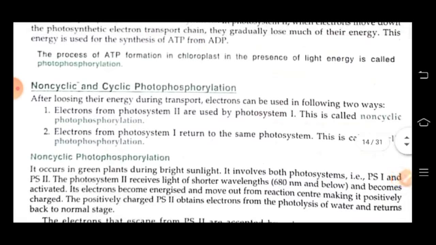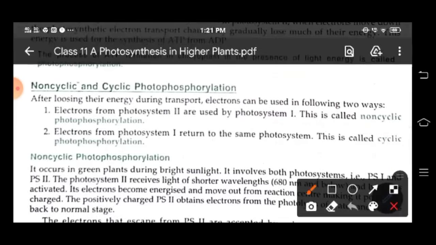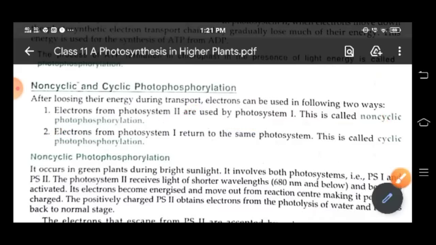There are two types of photophosphorylation, non-cyclic and cyclic. When electrons from photosystem 2 are used by photosystem 1, it is called non-cyclic photophosphorylation, and when electrons from photosystem 1 return to the same photosystem, it is called cyclic photophosphorylation.